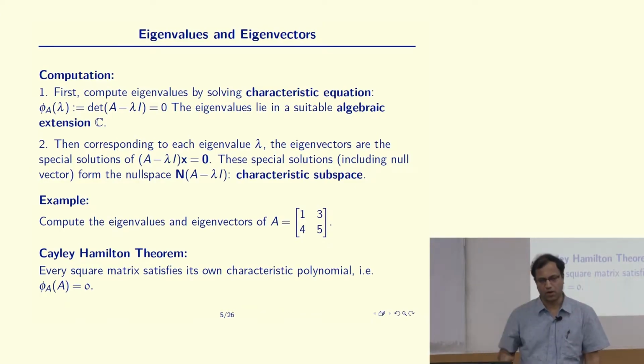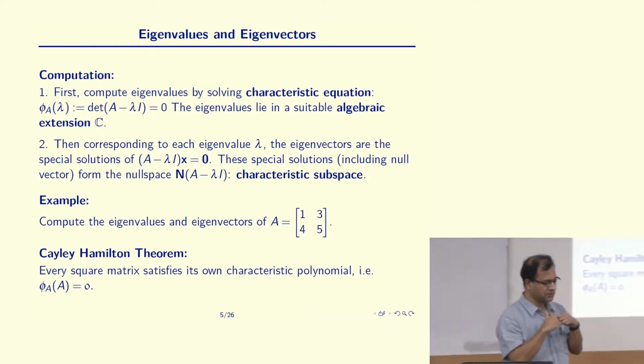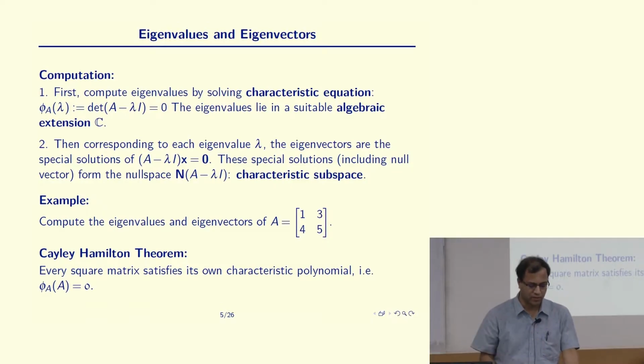To find the eigenvector, first we need to find the eigenvalue. That should be your first step. When you find the eigenvalues, only then can we compute the eigenvector from the equation given in the definition.